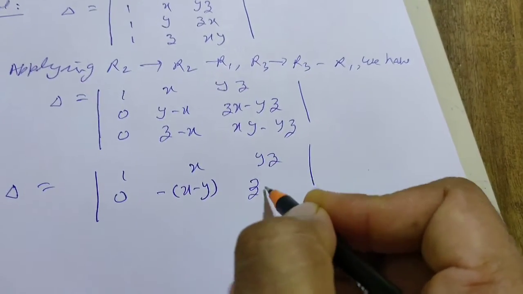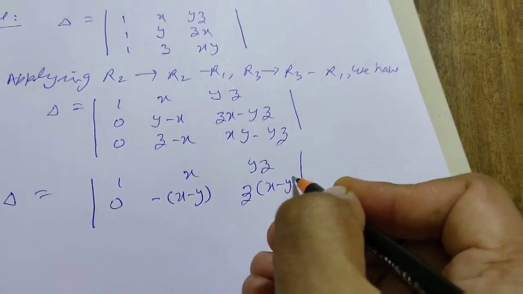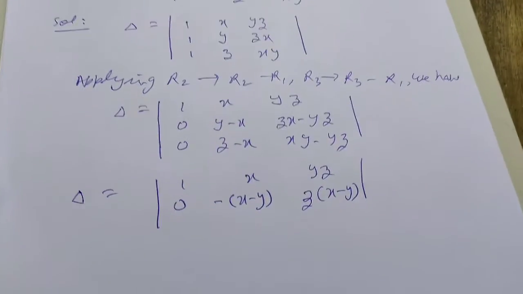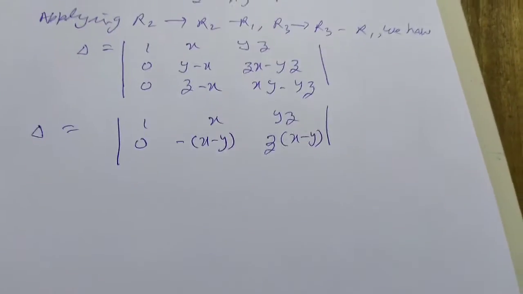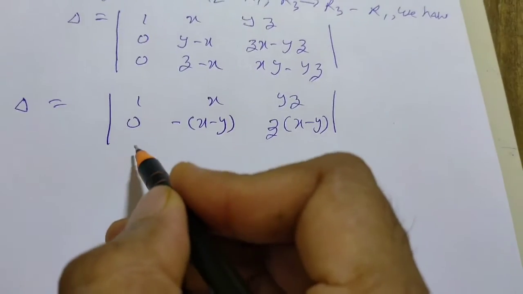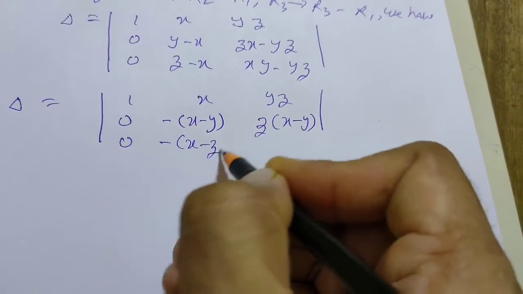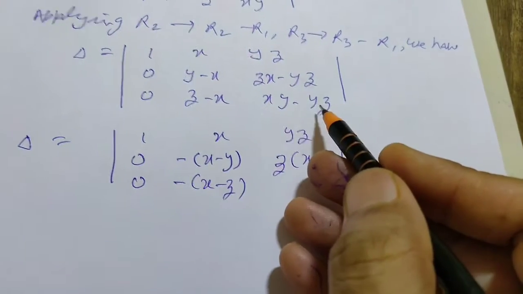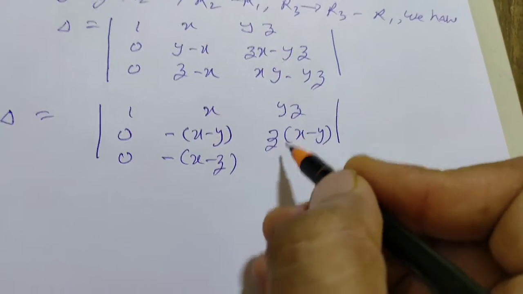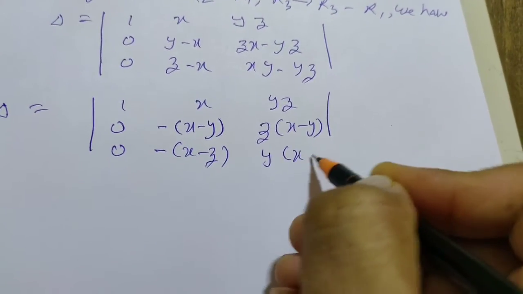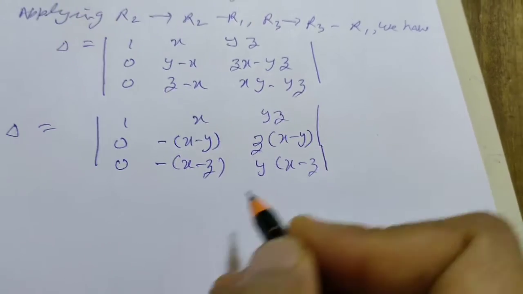We can take it common. We will get z into x minus y. Now next, third row: 0, and here also I will take minus common. I will get x minus z. And from xy minus yz, what is common? y. So take out y common, and you will get y into x minus z.